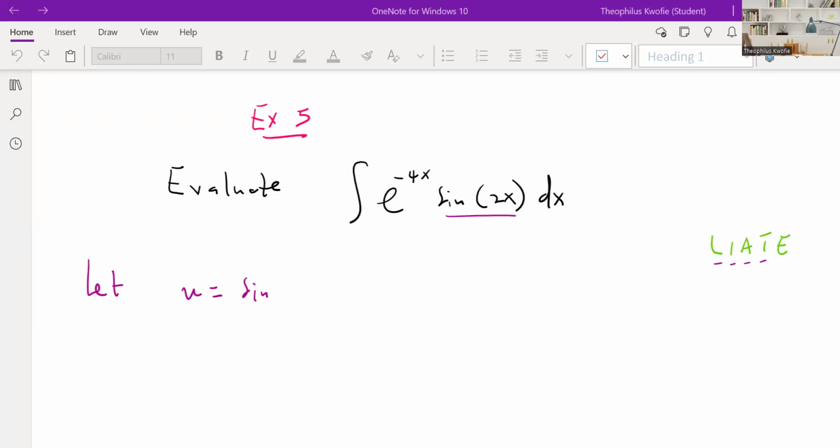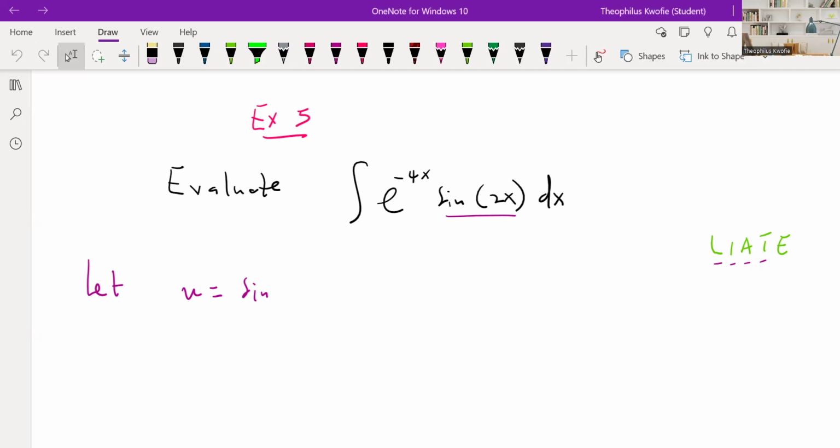All right. And then our dv will just be e to the power 4x dx. Remember we said that u has to be differentiable and dv has to be integrable. So u being differentiable means that du will be what?